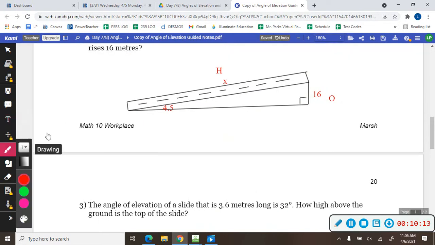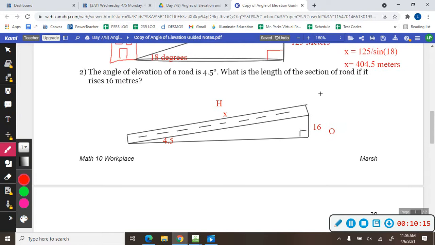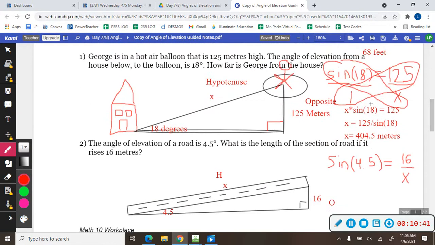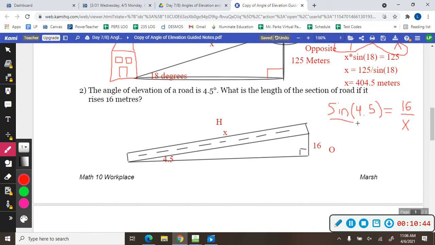So I'd say sine of 4.5 is equal to opposite over hypotenuse. So remember, just like in the last example, when x is on bottom, we're going to end up dividing. So I put this over 1. I cross multiply.